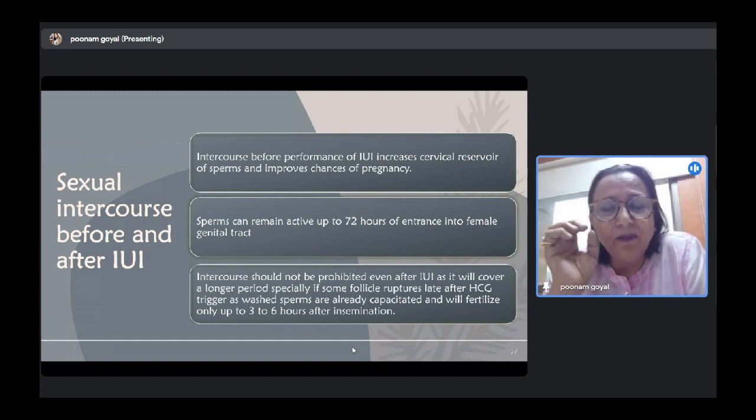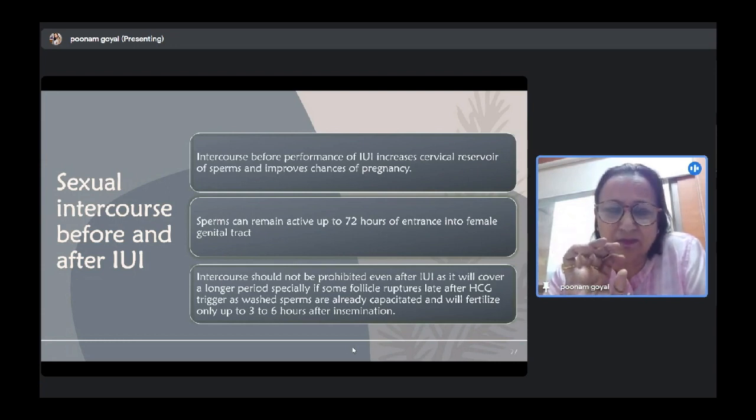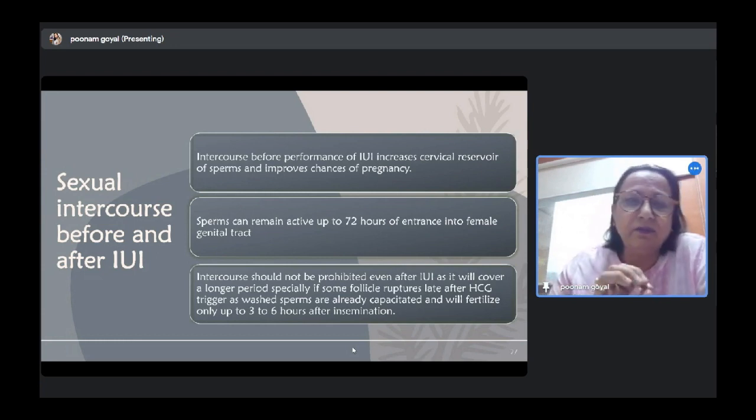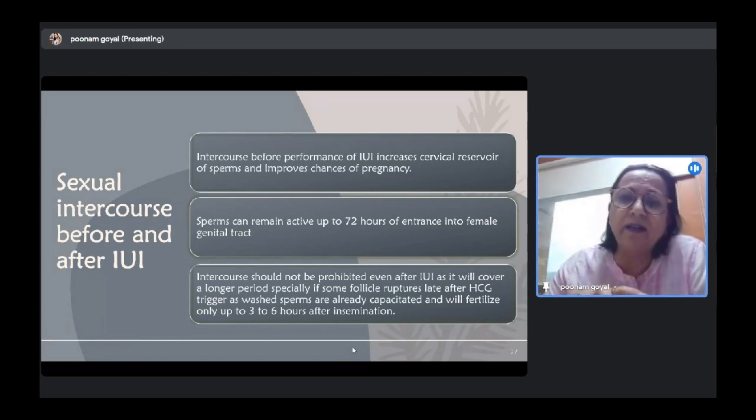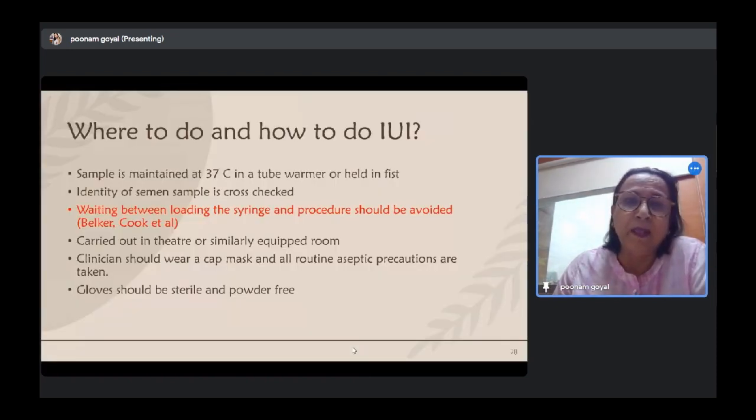So they can inseminate up to 3 to 6 hours after you have inseminated. They can produce pregnancy after 3 to 6 hours only. And the sperms which are there in the reservoir in the body, naturally they will be there for 72 hours. So where to do and how to do IUI?